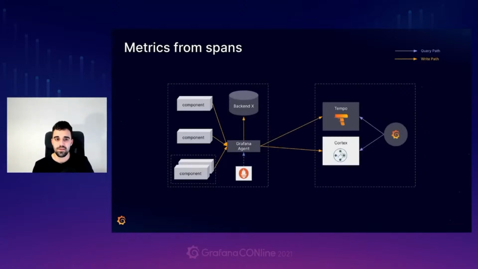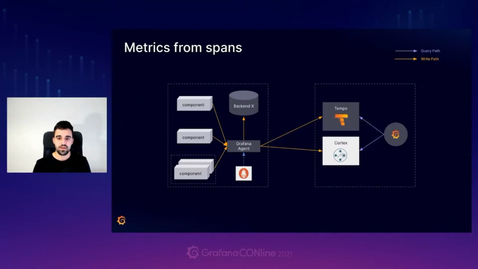And finally, I want to talk about generating metrics from spans. We've introduced this feature that we call span metrics that allows you to generate metrics from the tracing data automatically during the tracing pipeline in the agent.